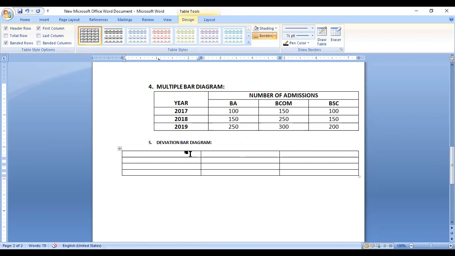Now this is an example. Year, profit and the loss. See, in the year 2017, 2018, 2019. So profit in crores, and the loss also in crores.